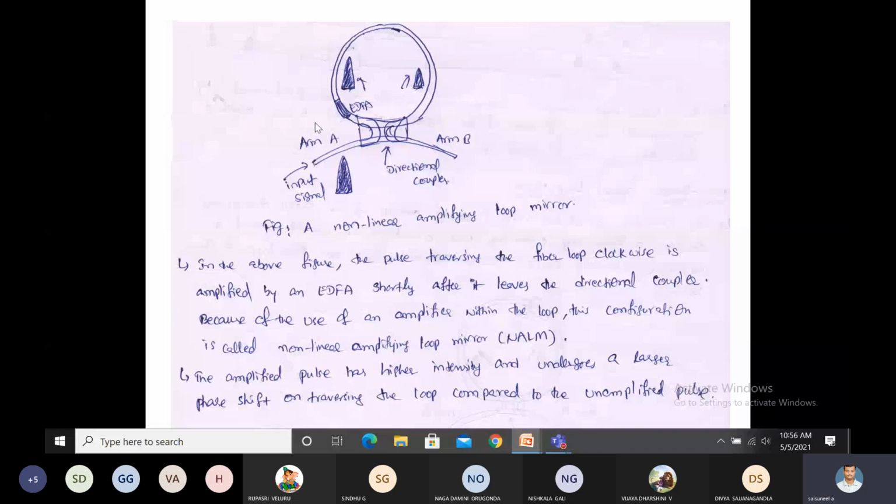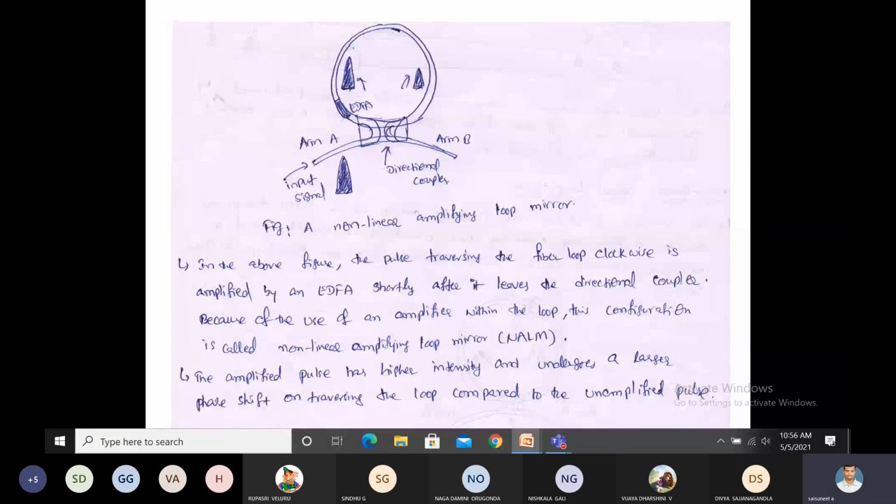This is the difference between the previous figure and this figure. That's why it is called a non-linear amplifying loop mirror. The previous one is only a non-linear loop mirror, but here it is a non-linear amplifier loop mirror, that is, the signal is amplified.